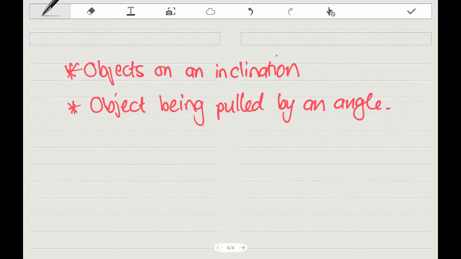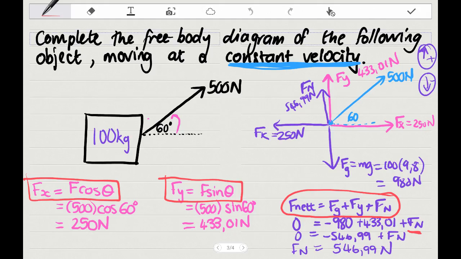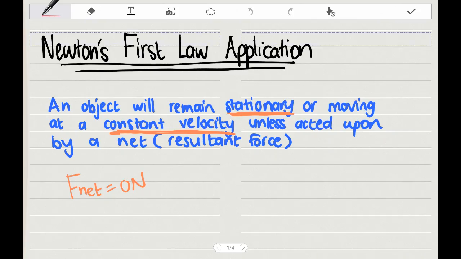Okay, so please go over these examples. Make sure you understand how to break it into its components. The next video will be on Newton's second law, where knowing this will play a vital role.